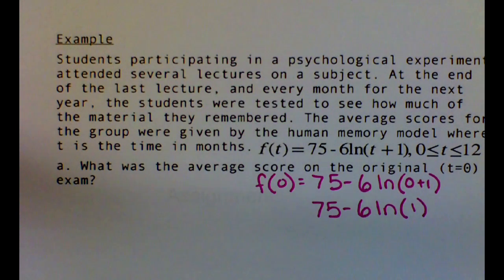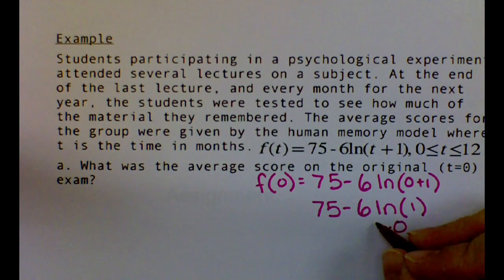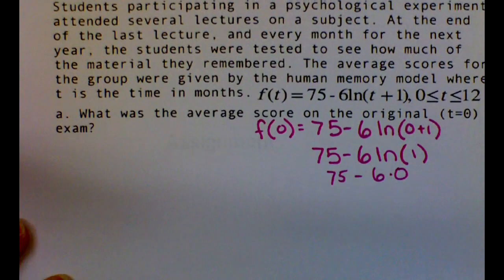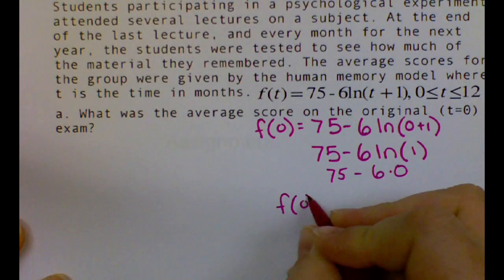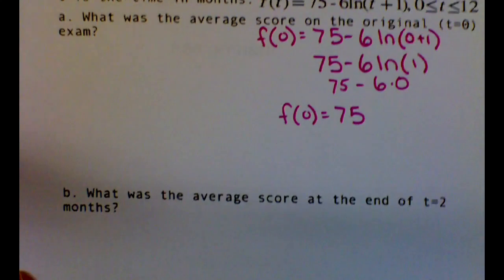Well, for any log of 1, e to what power gives you 1? 0. 6 times 0 is 0, which means f of 0 is 75. Their average score was 75 on the original test.